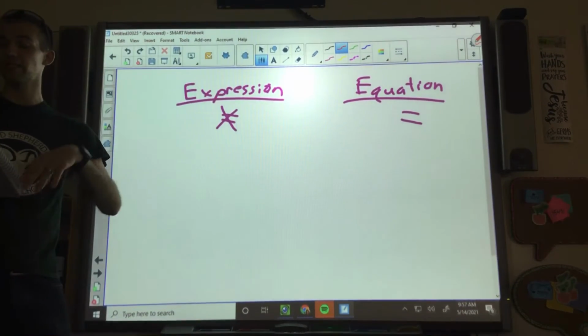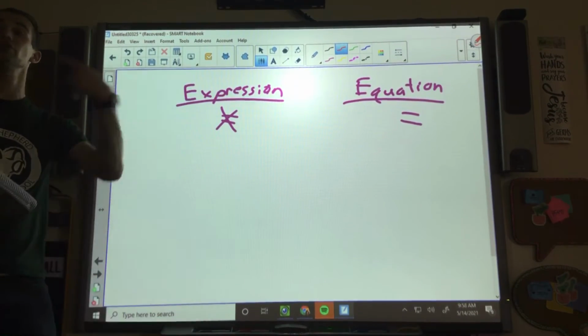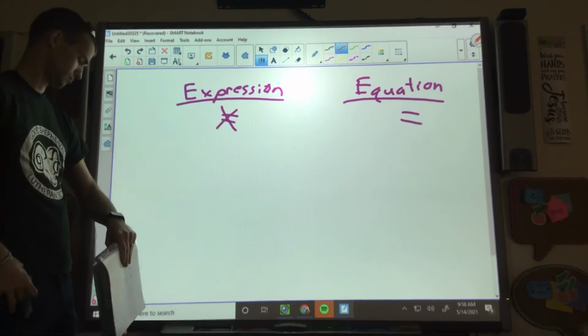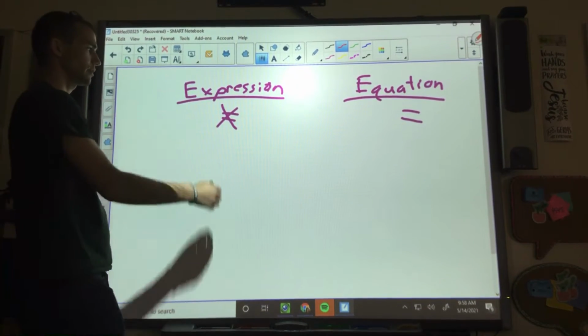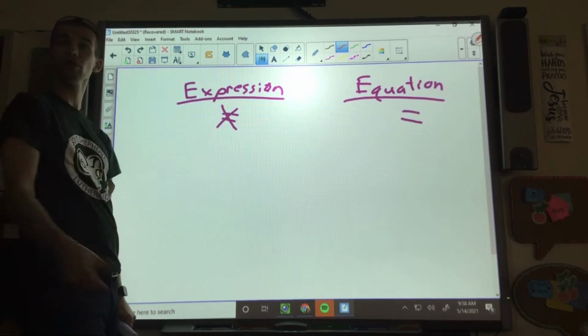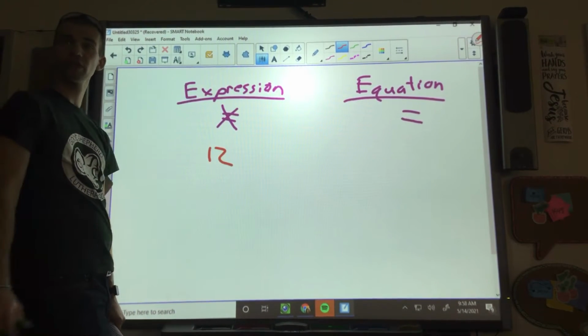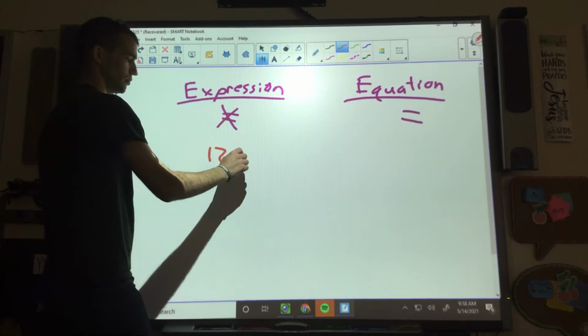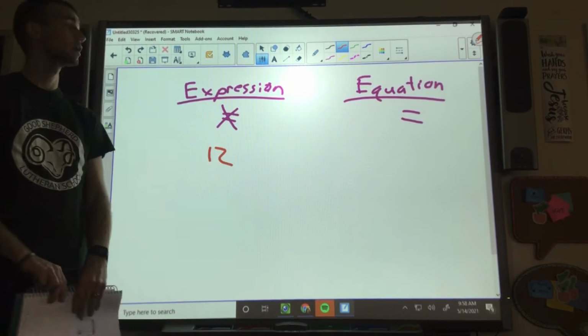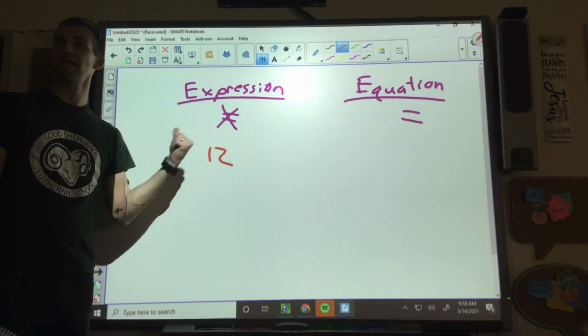So it said write an expression for Randy's age a year from now. That means that right now his age is how old? 12. And we are at 1 year from now, how old is he going to be? 13. So if I just say one number, that's not an expression.